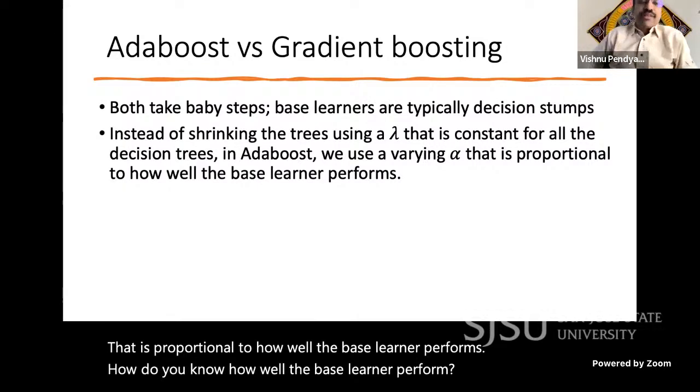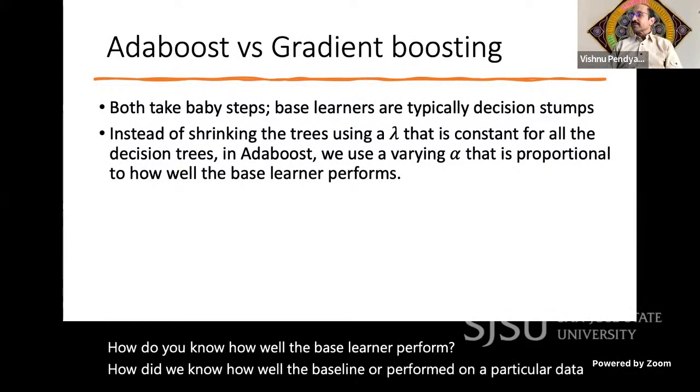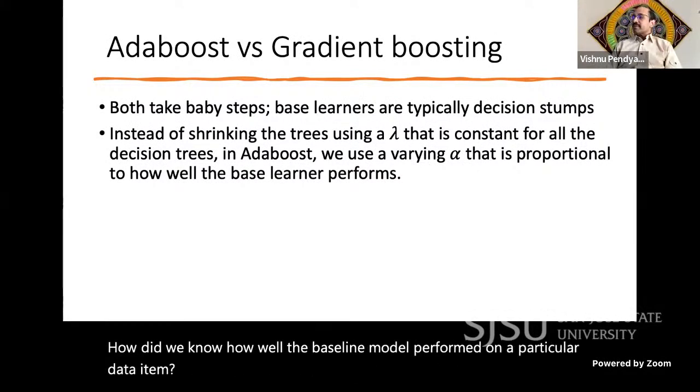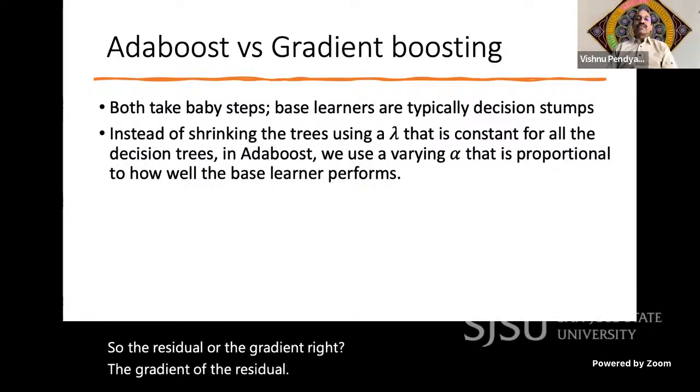How did we know how well the base learner performed on a particular data item in gradient boosting? So the residual, or the gradient, right? The gradient of the residual tells you how well the base learner performed.